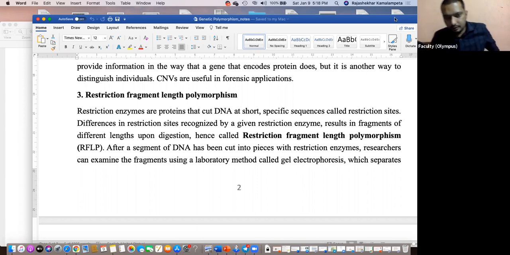Okay, to explain this, I'll give you a simple example so it becomes easy for you. Take a wire or take a rope. Put colors on the rope. Take a color pen or a paint. Put white marks, black marks, red marks.